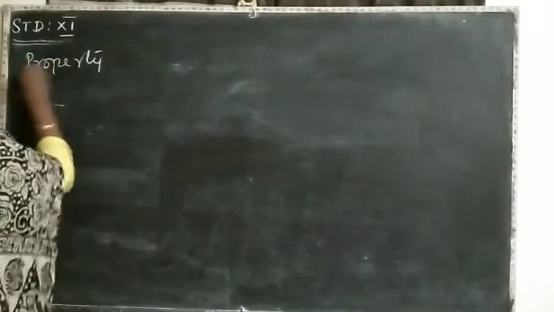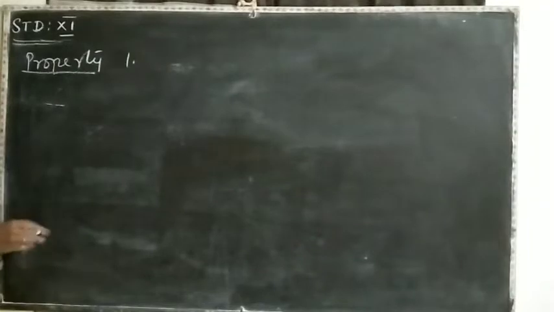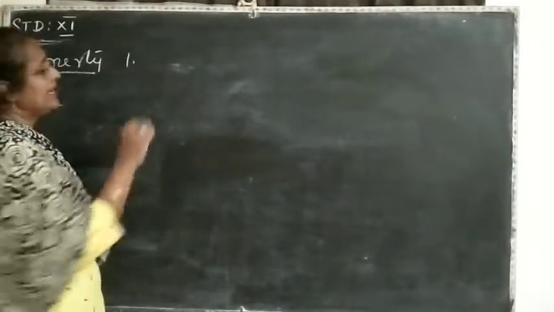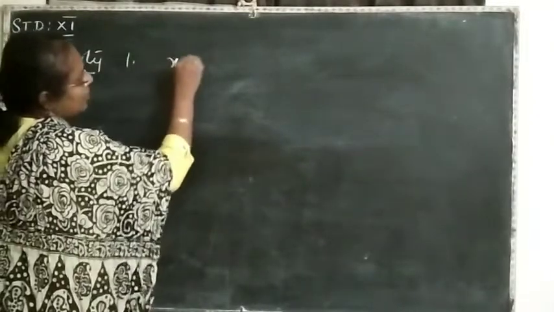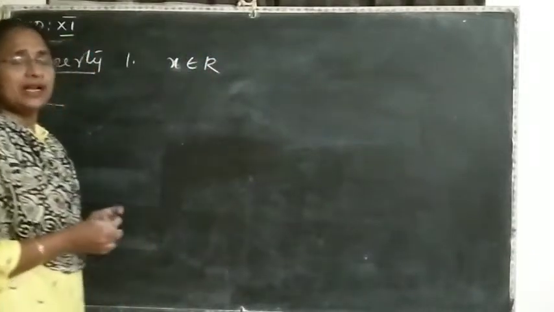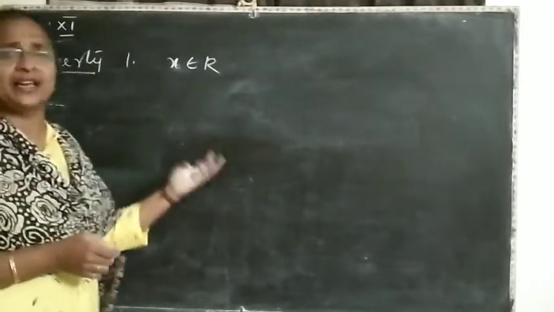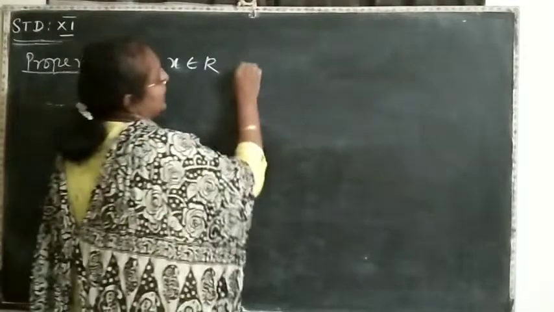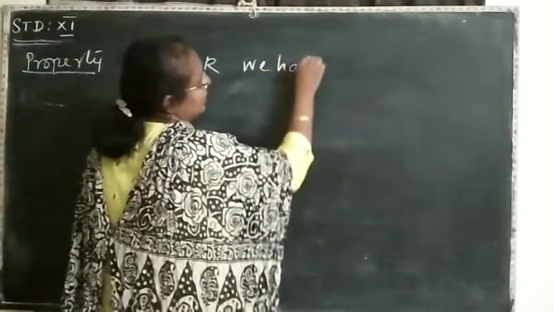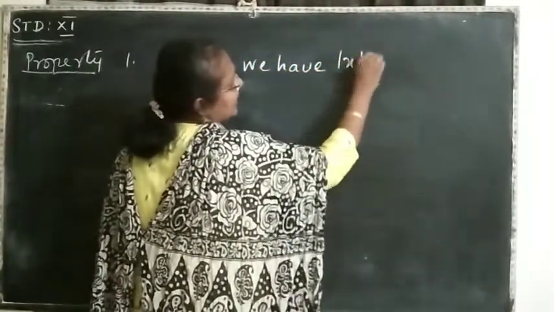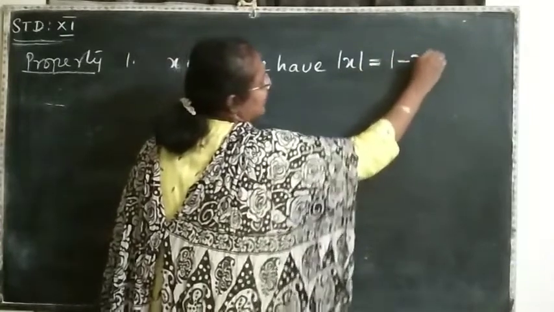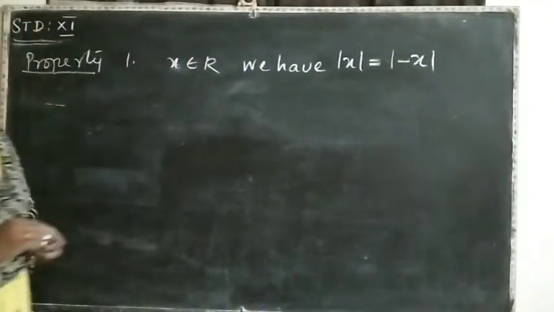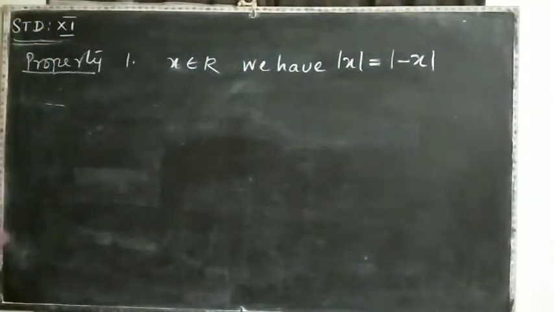Okay students, now let's discuss the property. First property, very simple property. What does this first property say? For x belongs to r, if x is any real number, we have modulus of x is equal to modulus of minus x.